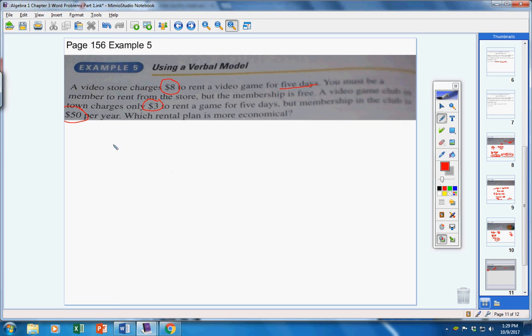And here's what you do. You say, okay, the cost of one store is $8 per video. The cost of the other store is $3 per video plus a one-time payment of $50. Okay?